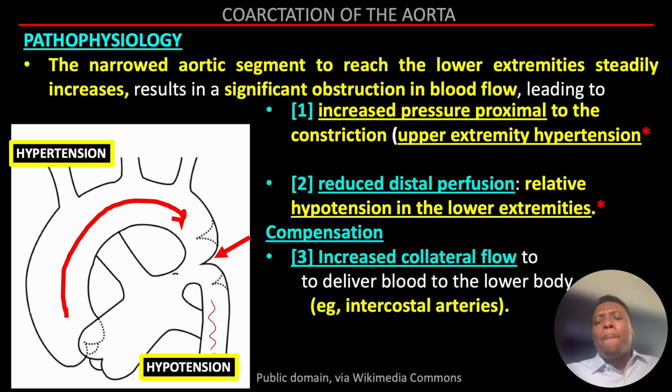So is there a way I can kind of bypass or circumvent that flow to kind of basically offset the loss of blood flow through the narrowing area? So what happens is your body can start to use collateral blood flow through some other arteries, the most important being the intercostal arteries. And that compensation or increased blood flow allows to deliver blood to the lower extremities.